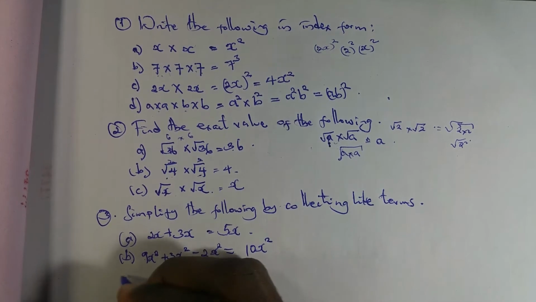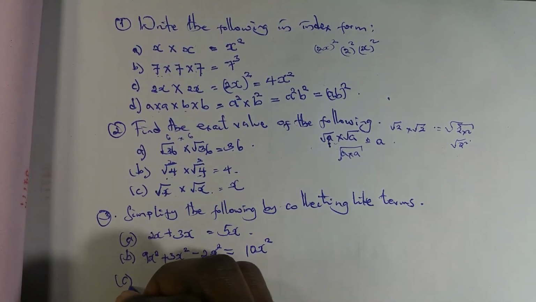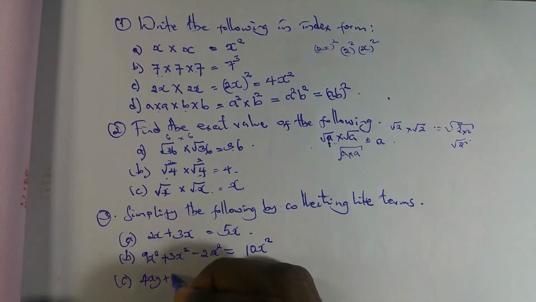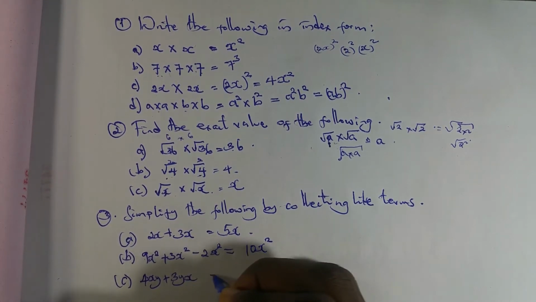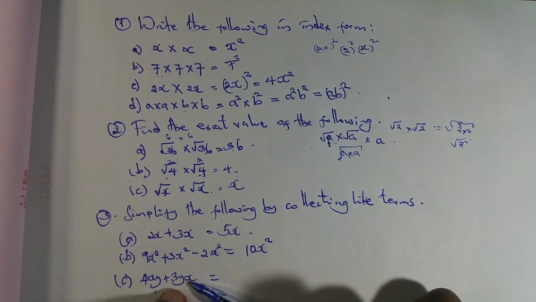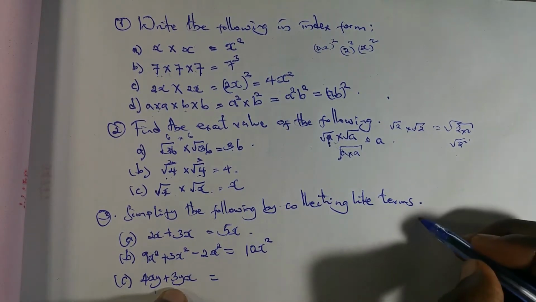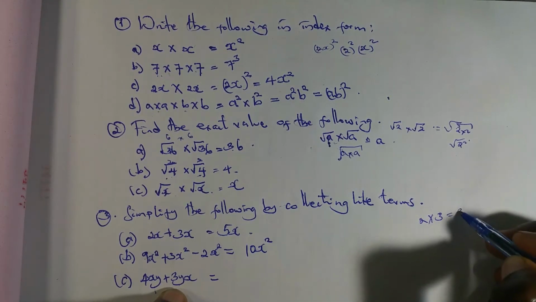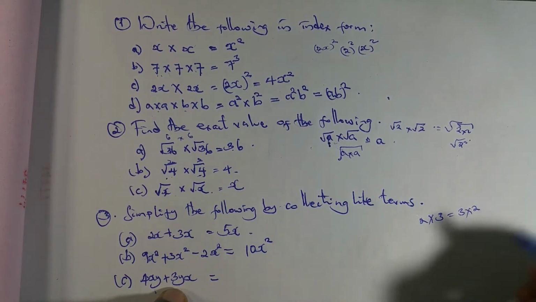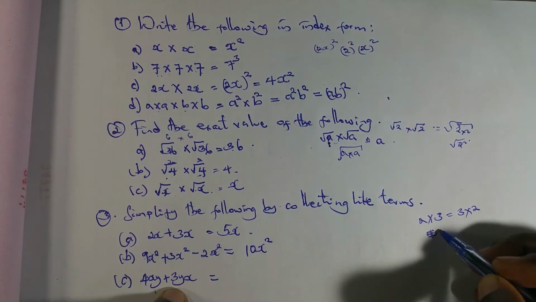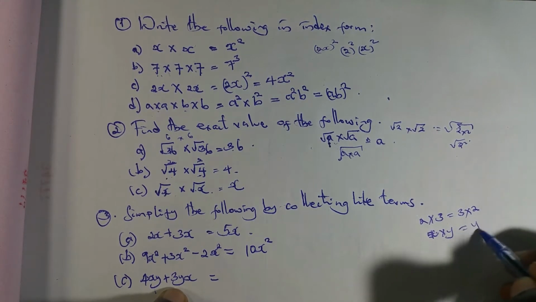If you have another one, let me say 4xy plus 3yx. Here you need to recognize that xy and yx are the same, because when numbers are multiplying, 2 times 3 is the same as 3 times 2. In the same sense, x times y is the same as y times x.